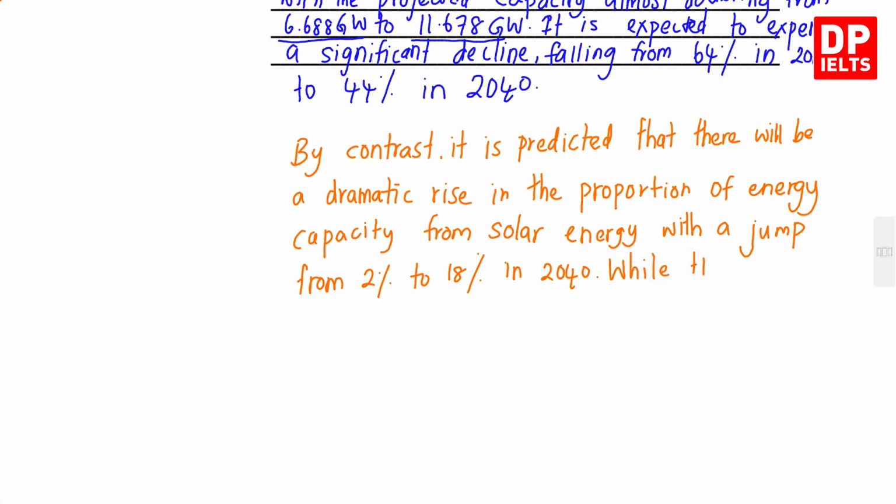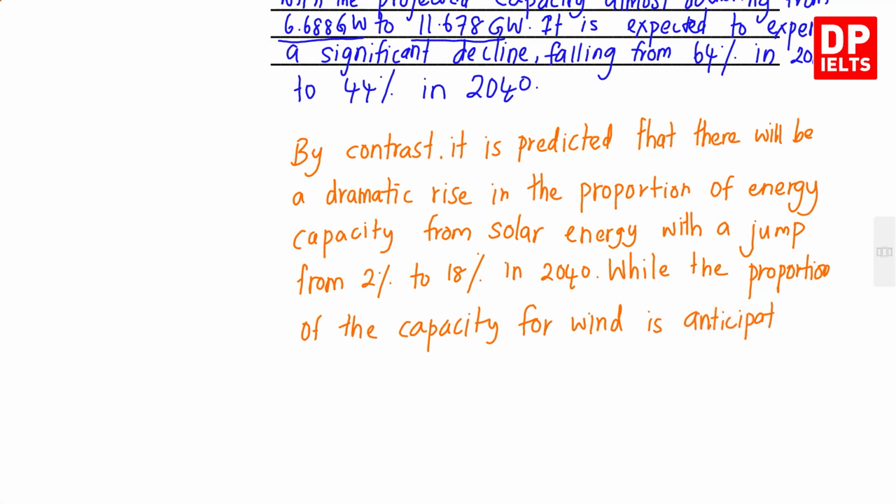while the proportion of the capacity for wind is anticipated. Anticipated means predicted, right?